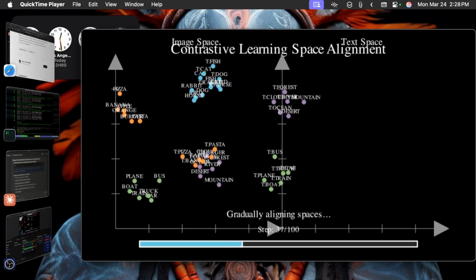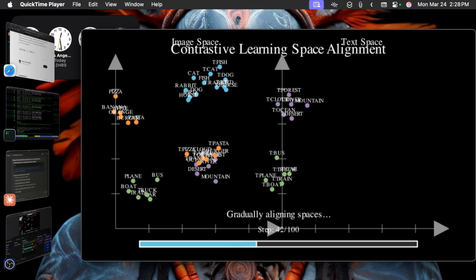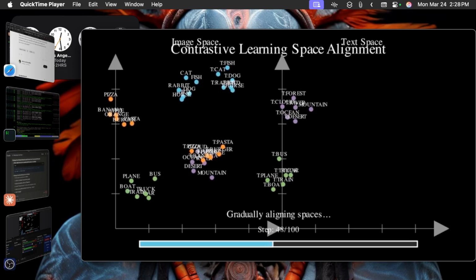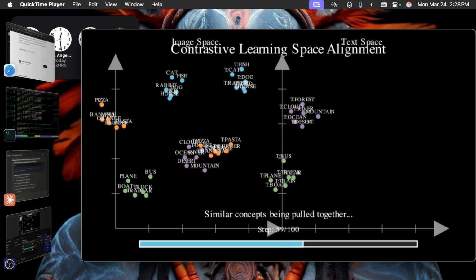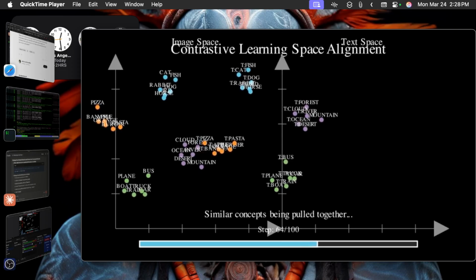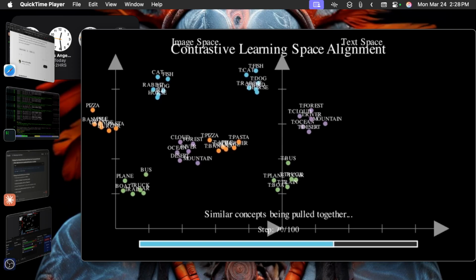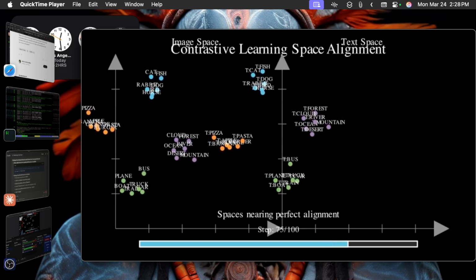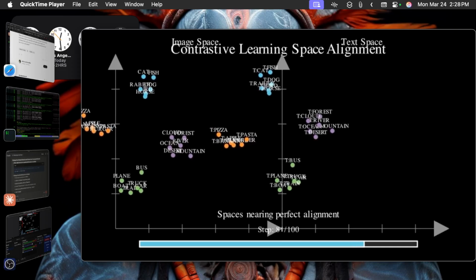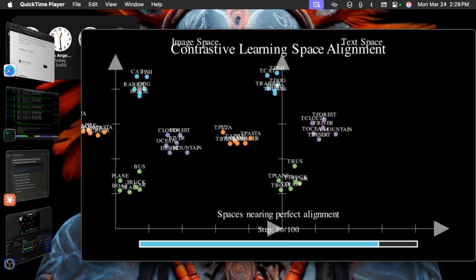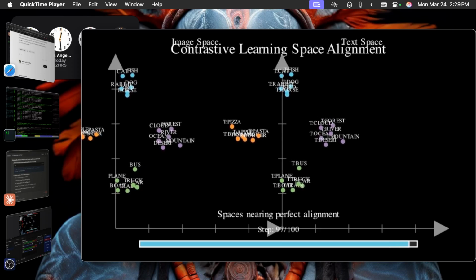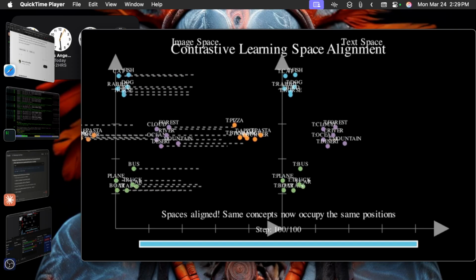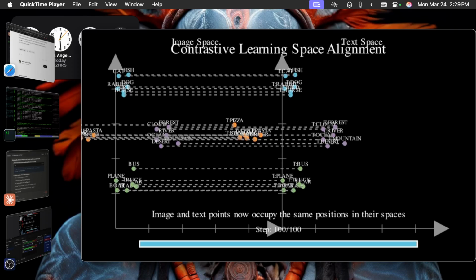Now, this animation is showing this happening separately, but actually, these two spaces will end up one on top of another, not side by side. This animation, however, does treat them as separate spaces. You can see they're starting to look very similar in their alignments. And there you go. The one will go right on top of the other.